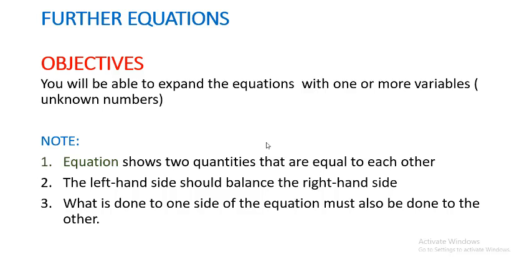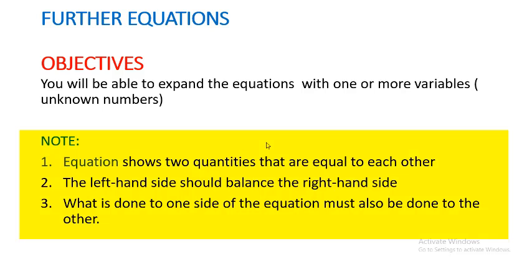So here the issue is to deal with equations with brackets. How do we simplify? How do we work out? And how do we find unknown numbers? So down here we have three things.